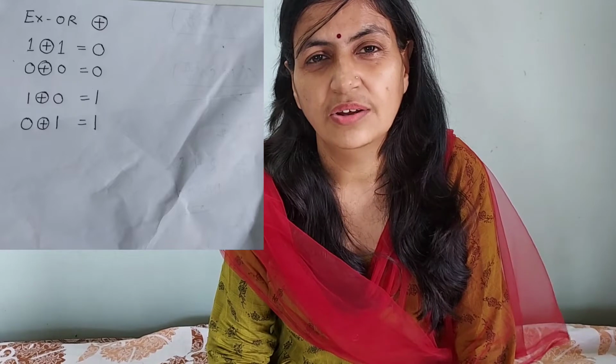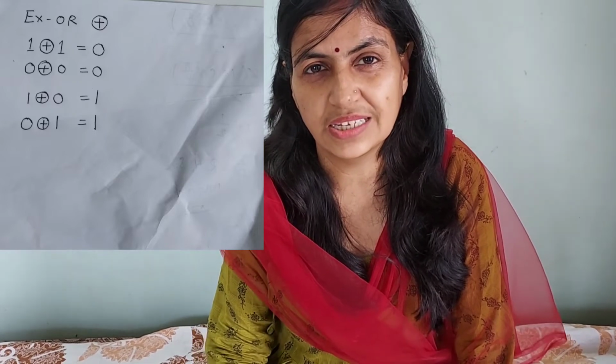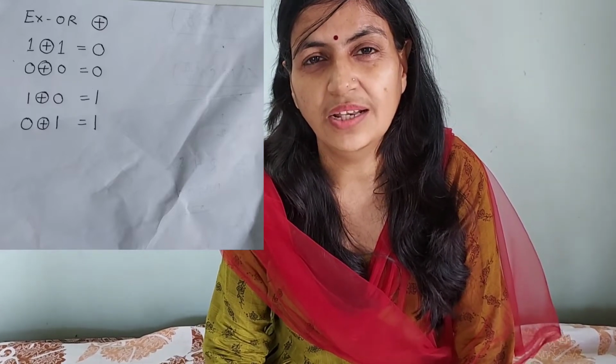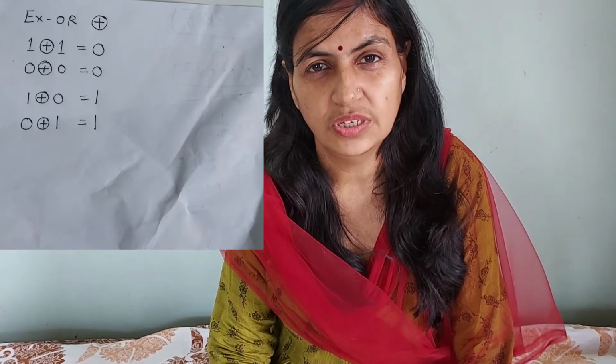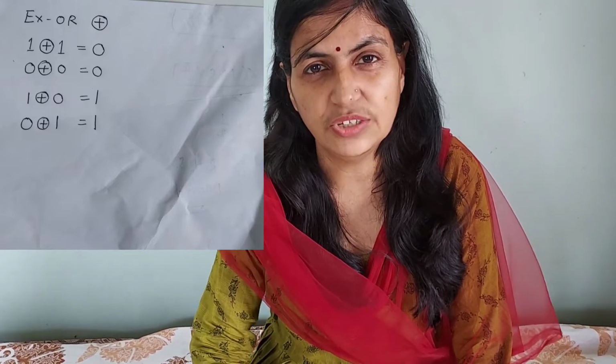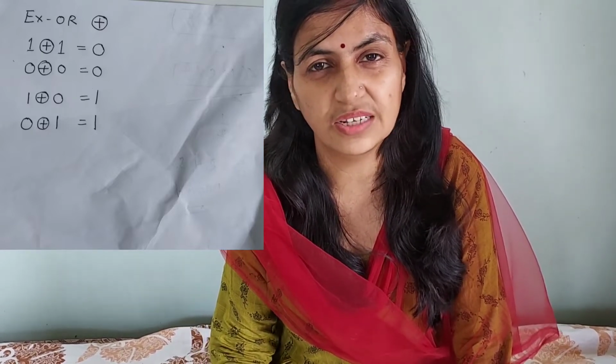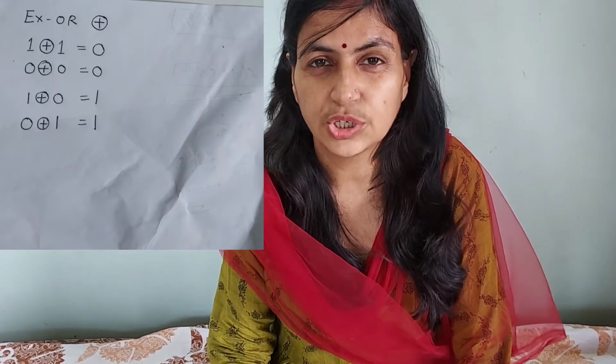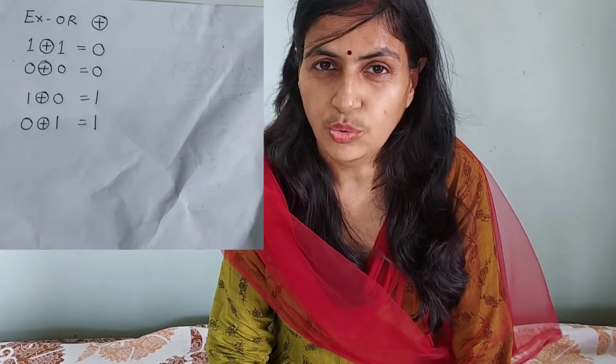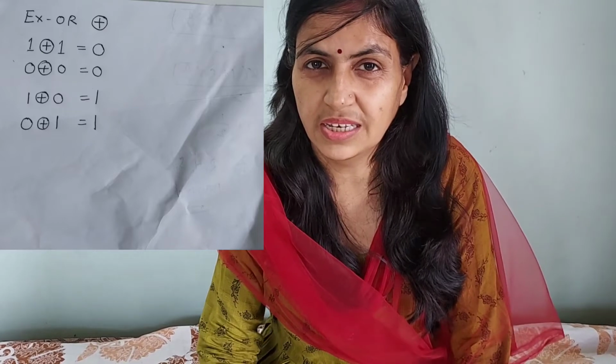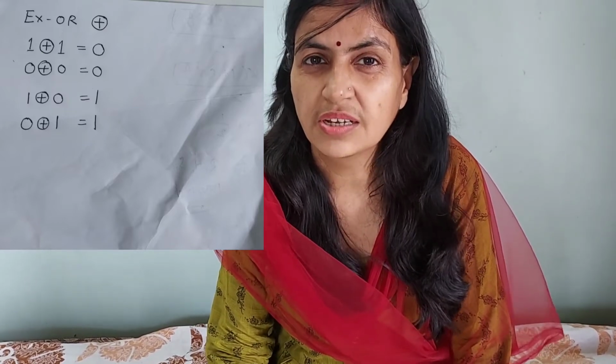But 1 XOR 0 is equal to 1 and 0 XOR 1 is equal to 1. So here we have to compute in XOR operation from binary to gray and gray to binary, and there is a simple difference in the conversion.